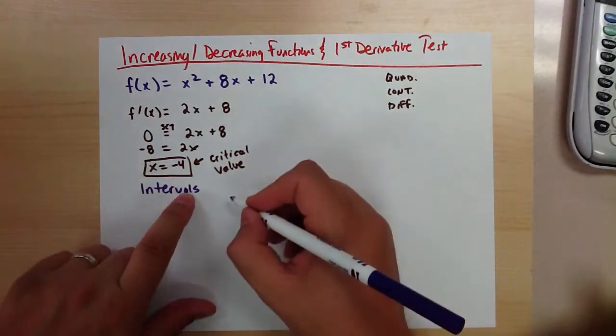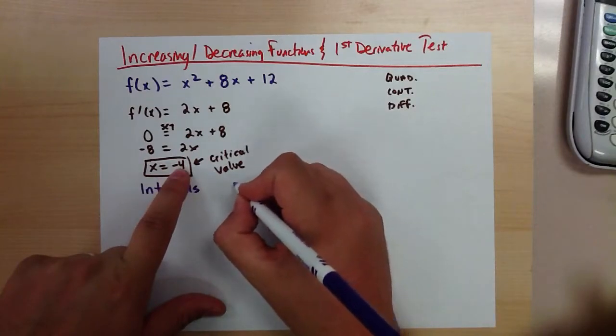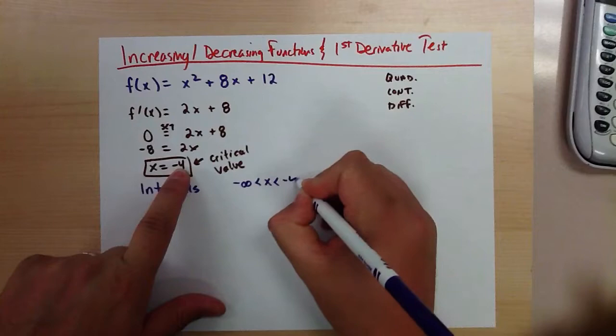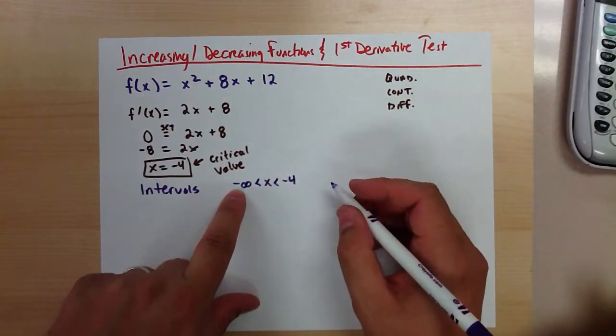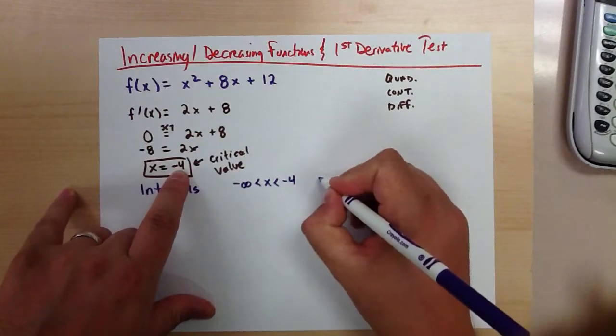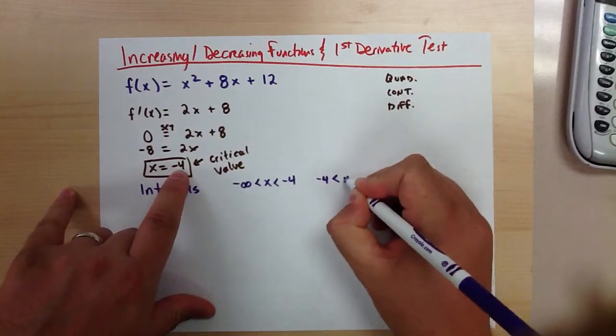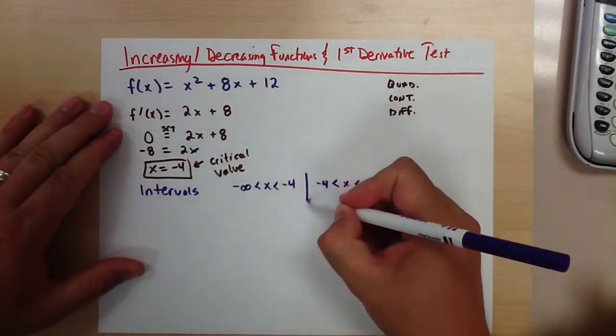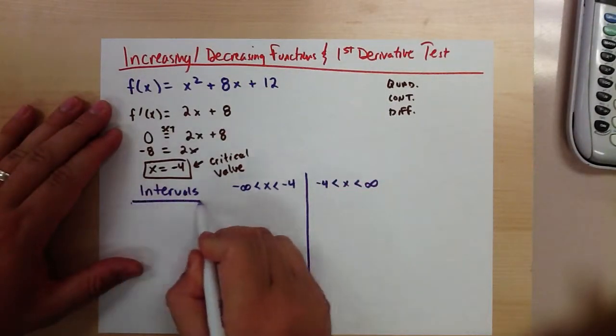And so we want to know what's happening before x equals -4? So we usually write it as -infinity less than x less than -4. So all the values prior to -4. We know what's happening at -4: the slope of the tangent line is 0. But what's happening after that? And so we're going to look at these two intervals right here. What's happening before, what's happening afterward?